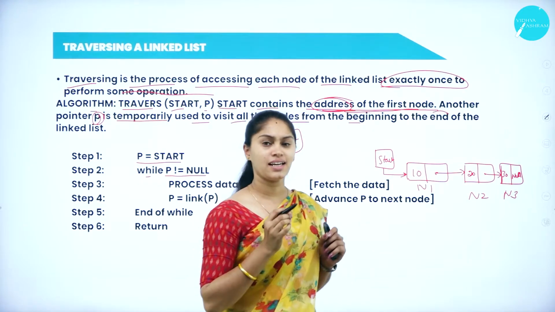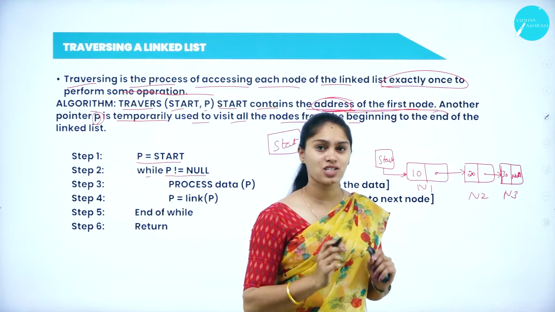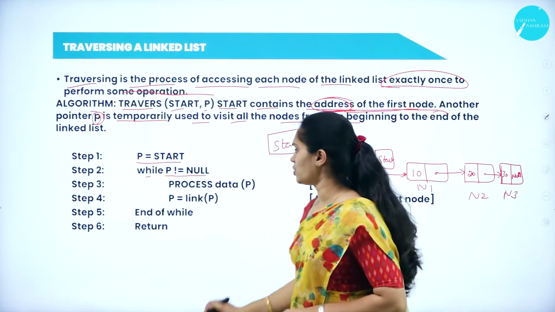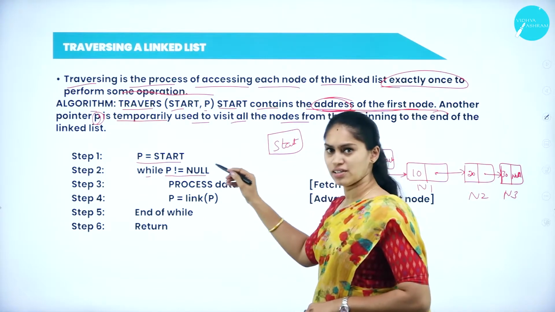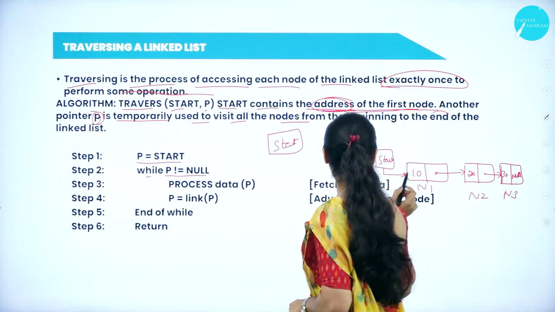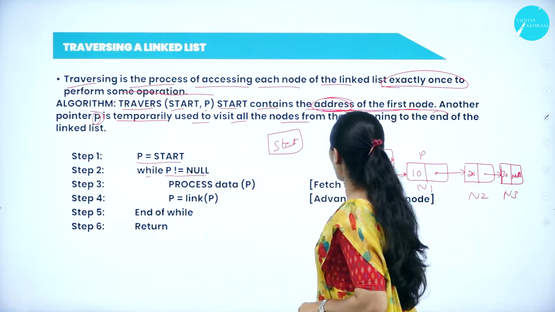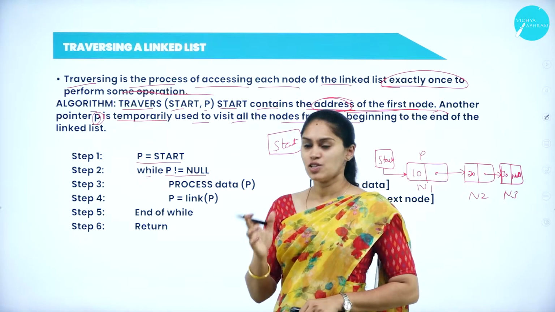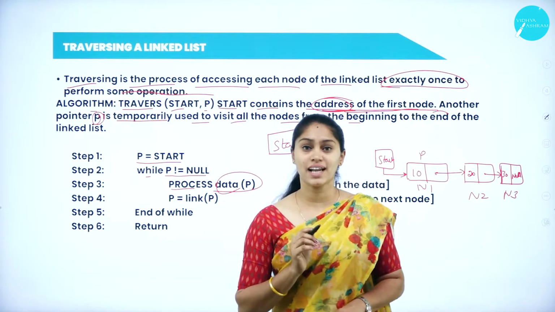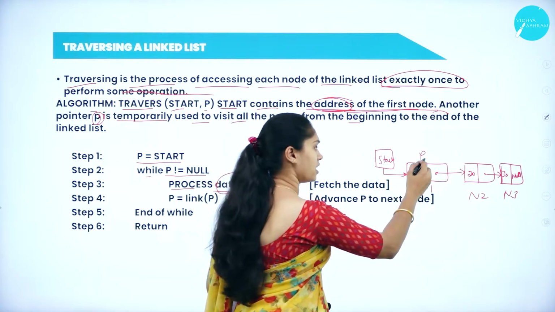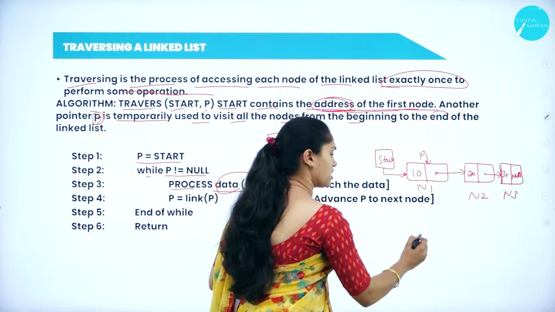When there is a null in the link, that indicates that it is the last node of a linked list. So here, while P is not equal to null, first for node 1, P, that pointer, is not equal to null, so process data of P. What is the data of P? What is the data of this first node? That is 10.